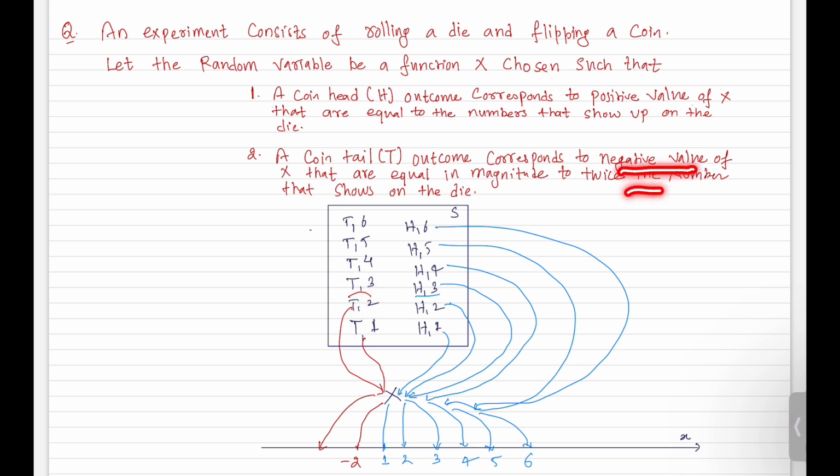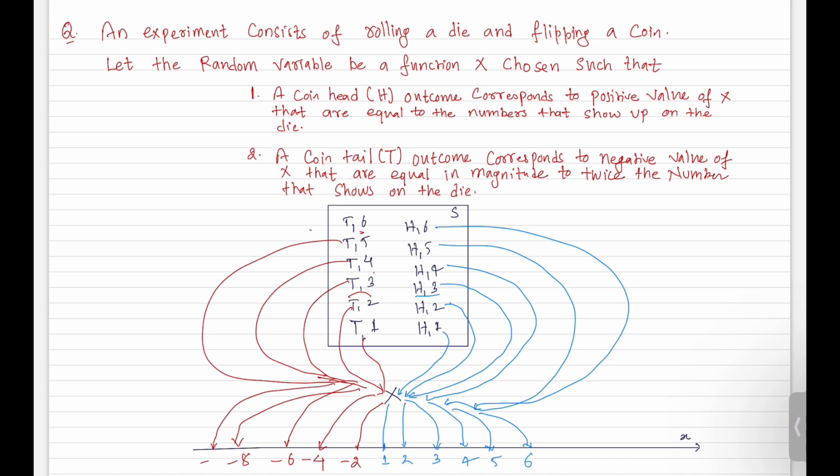According to our given information, 2 times minus 2, this will get mapped to minus 4, and this will get mapped to minus 6, and this to minus 8, and this to minus 10, and this to minus 12, right?